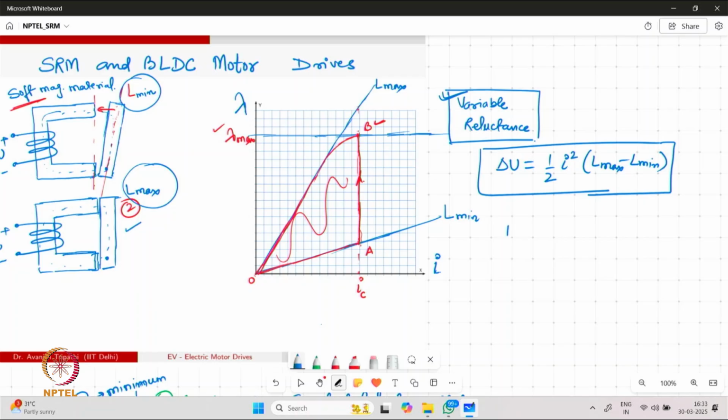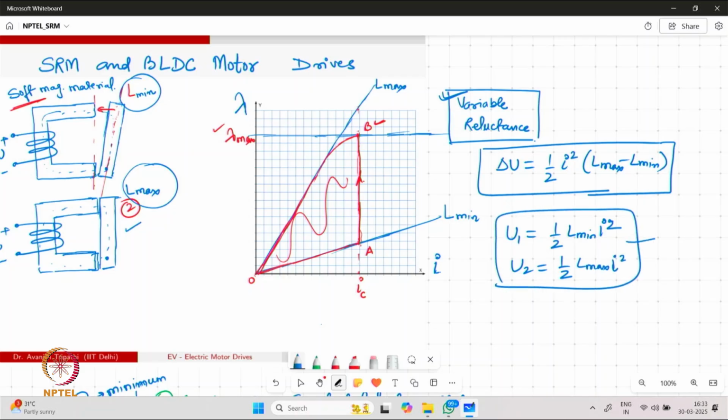In first condition we have the co-energy stored as L min I square, and in the second position we have L max I square, and thus the difference in this is basically almost the area given by this OAB region, which is the mechanical work done by the system.